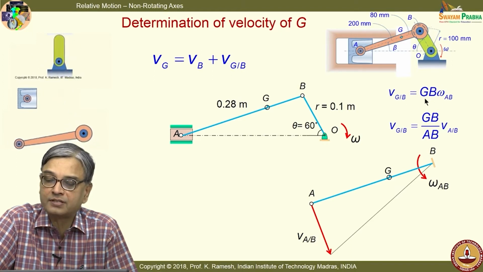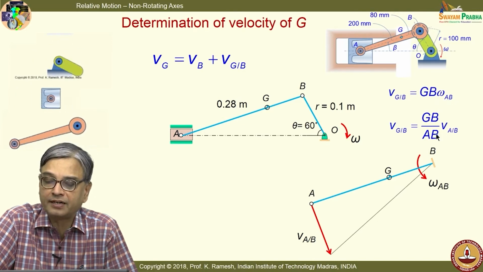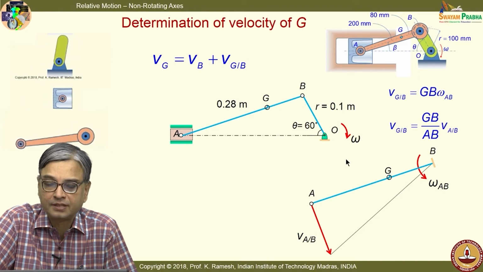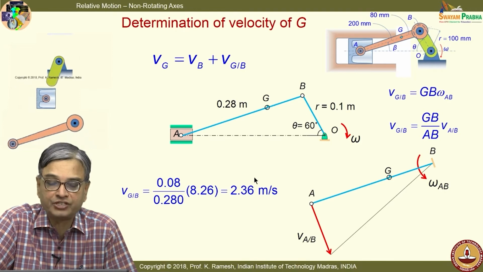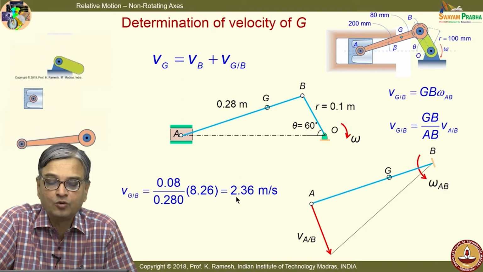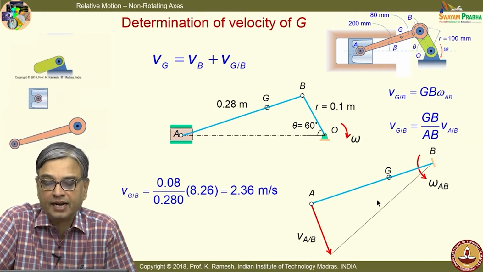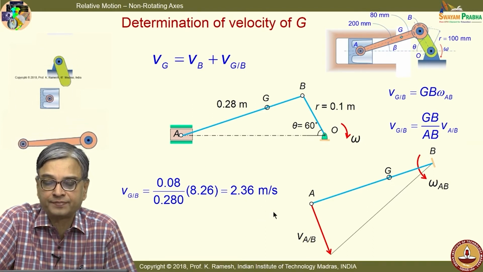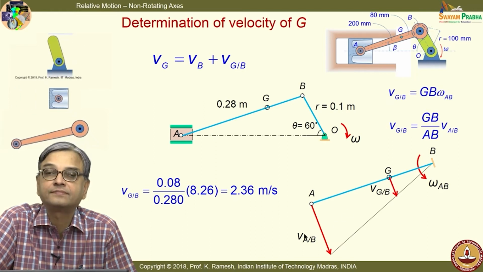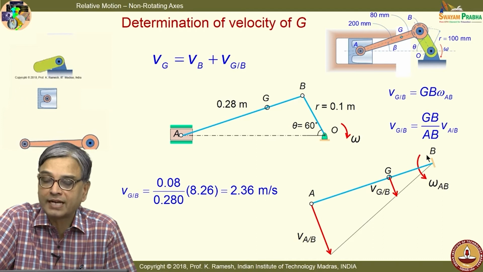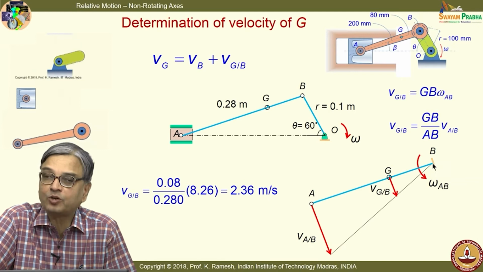I can simply put this as GB into omega AB, which could be rewritten in this fashion. When I do this, I get the velocity of G with respect to B as 2.36 meters per second. It can be easily drawn in this sketch as a line like this. These two are parallel, because I see the whole connecting rod rotates with respect to point B.